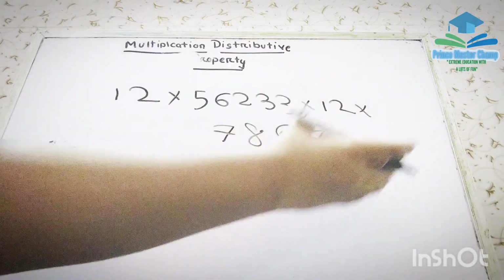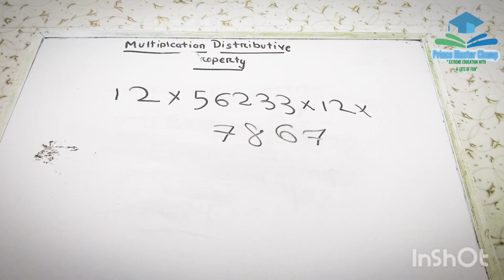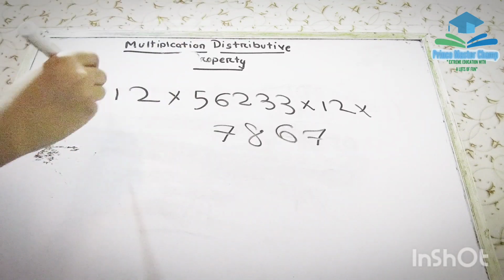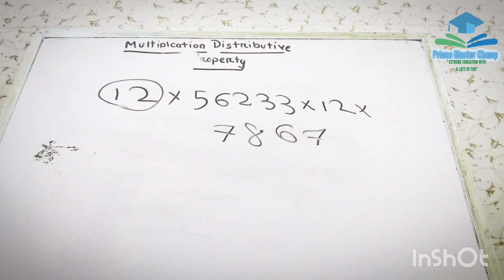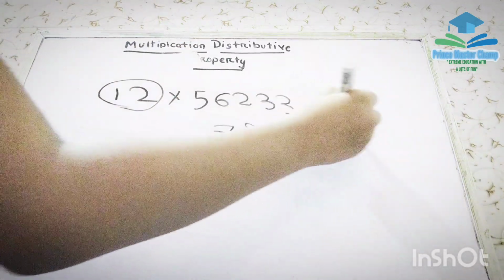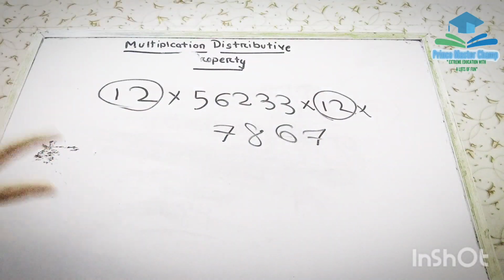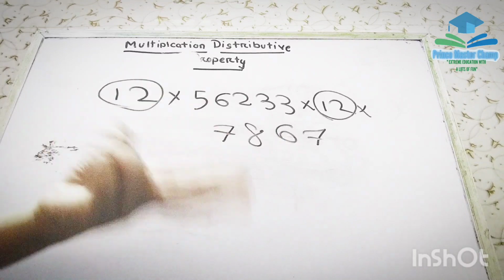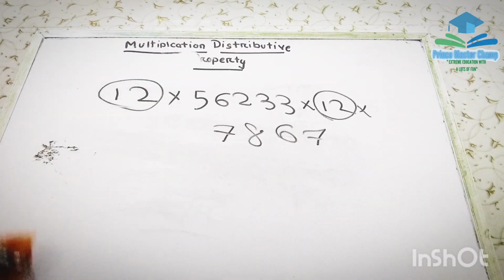Okay, now let's find the answer of this question. Now what you can observe is 12 is present over here, and 12 is present over here. So the 12 is being repeated in our question.